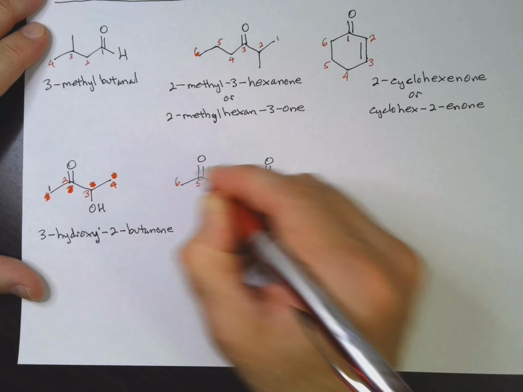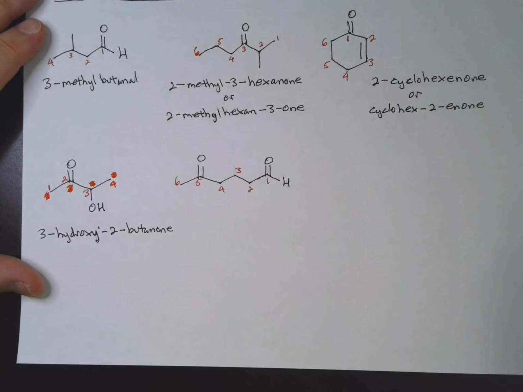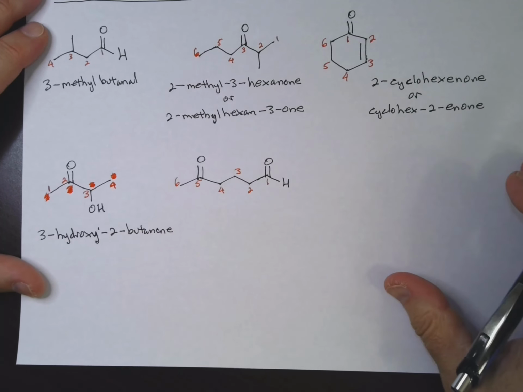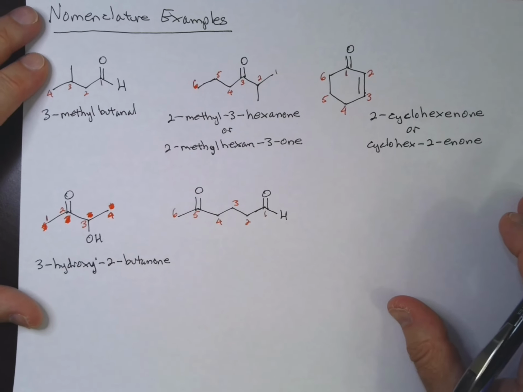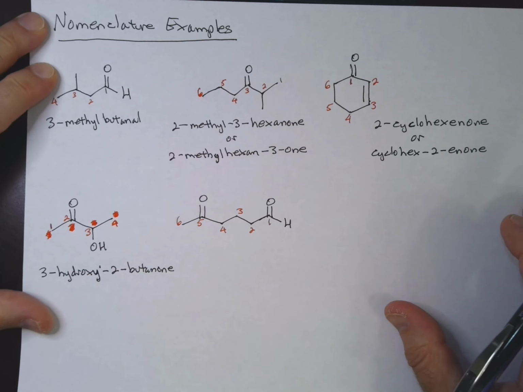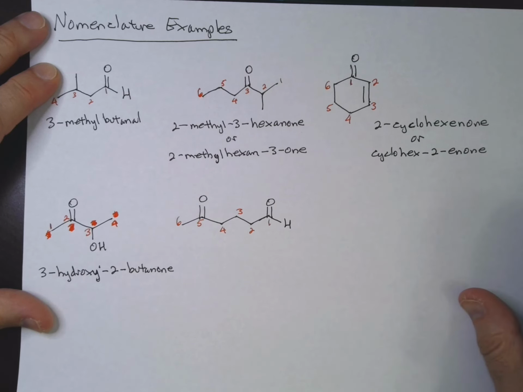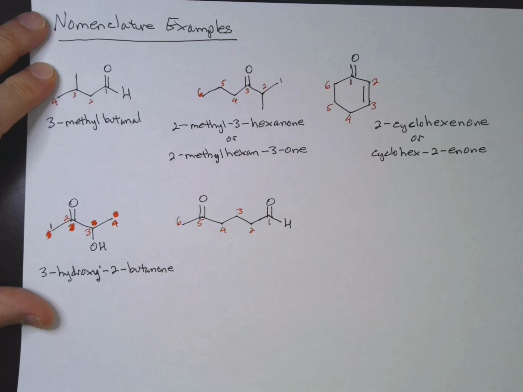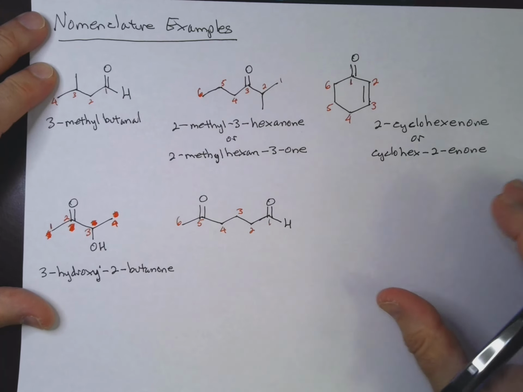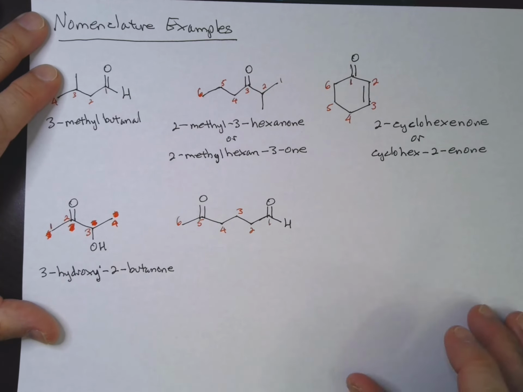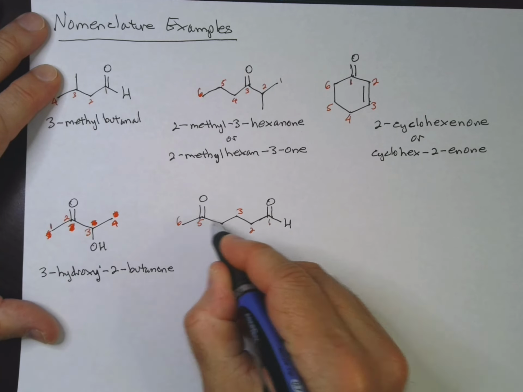And as we learn about more different types of functional groups, I will go over some of the hierarchy for naming things. Probably when we get to chapters 20 and 21, and all the carboxylic acid derivatives. All right, so I've got 6 carbons.